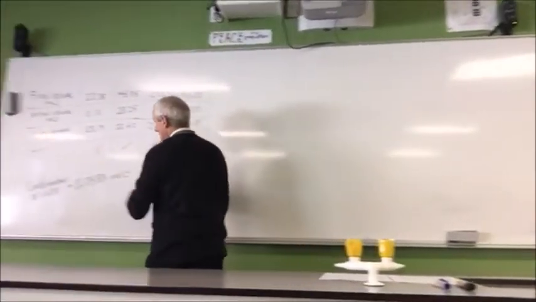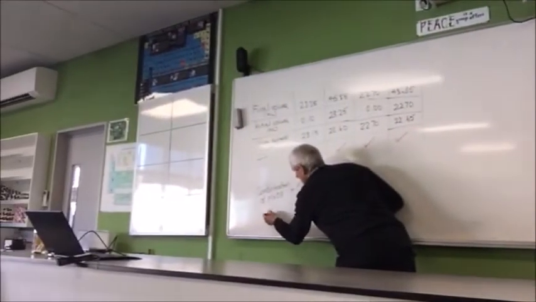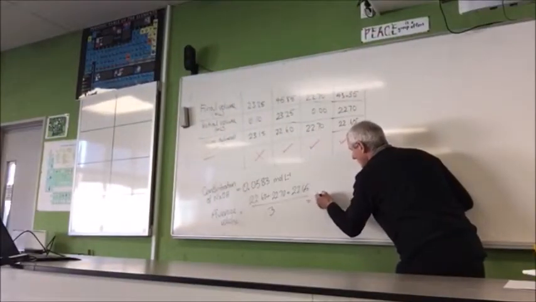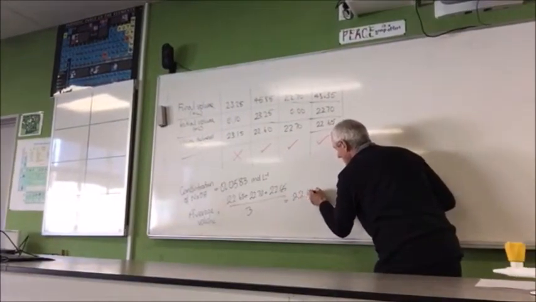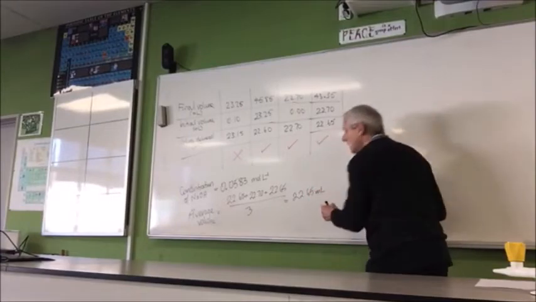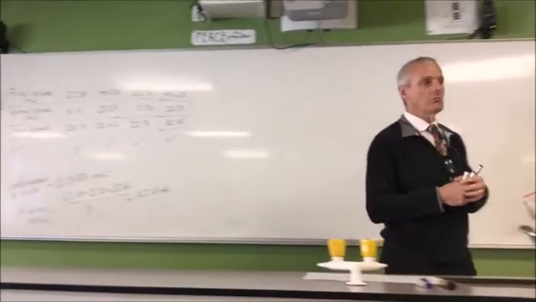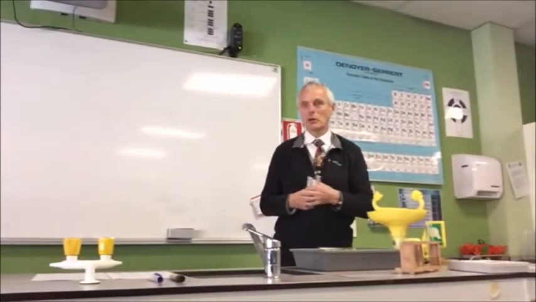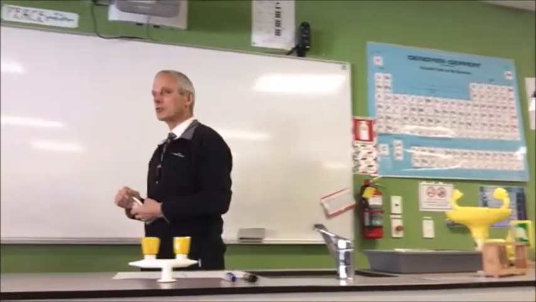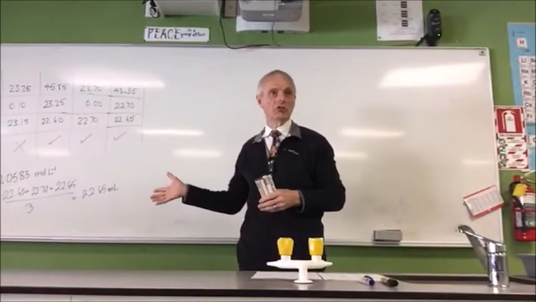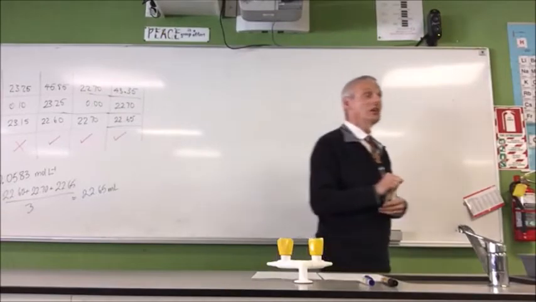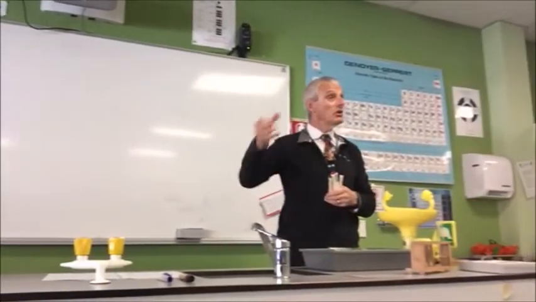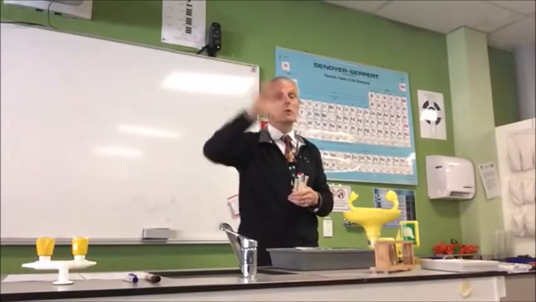So let's put in our average volume, and very conveniently that's 22.65 mL. Now if you don't get a nice round number, round it up. Apparently that's what we're going to do to be consistent across all classes. Round it to 2 decimal places, because that's the accuracy of that measurement. That's the one you're going to use as your starting point in the calculation.